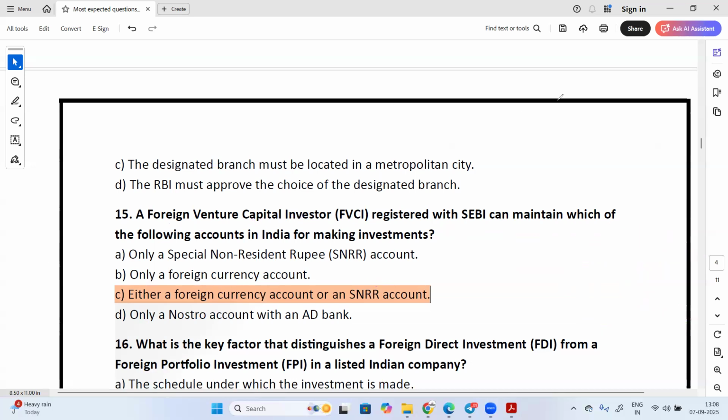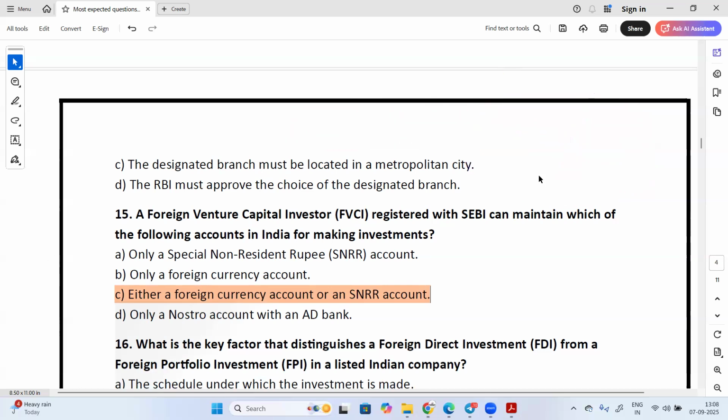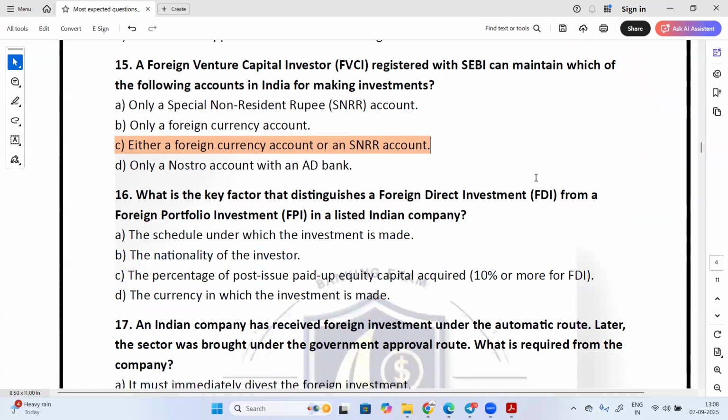And one more thing I would like to tell you, the passing marks. What is the passing marks for this foreign exchange exam? That is 50 marks. You have to score 50 marks out of 100, and you have to attempt 100 questions. Getting 50 marks is not a very big task. Easily you can score if you are aware of all the topics and you have done a thorough study.